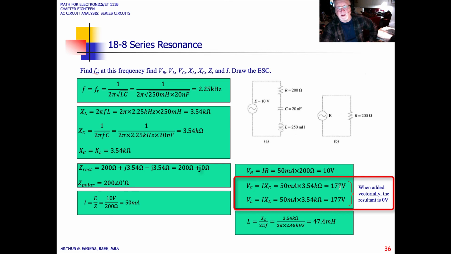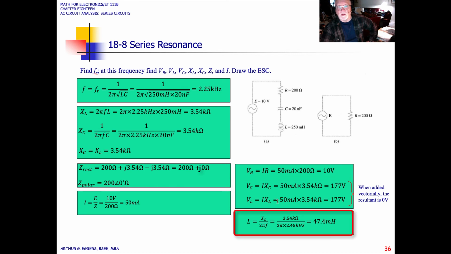How did I manufacture almost 2 orders of magnitude? Well, we didn't. It's because of the energy swap here. So when added vectorially, these two values, in fact, result as 0. So the last step here, solving for the inductance, X sub L over 2 pi f, we end up with 47.4 millihenries.